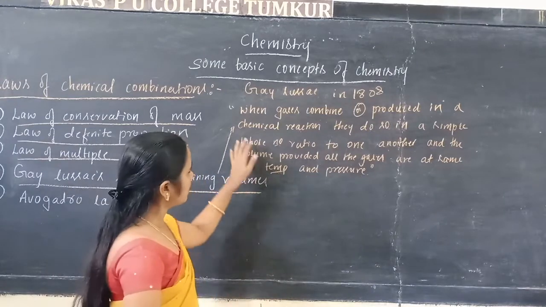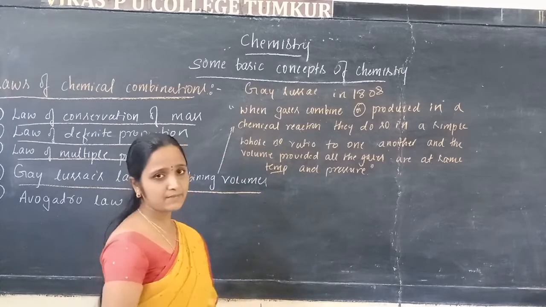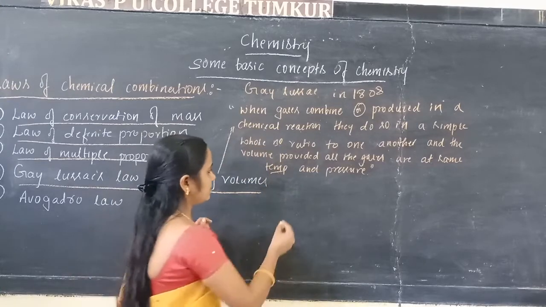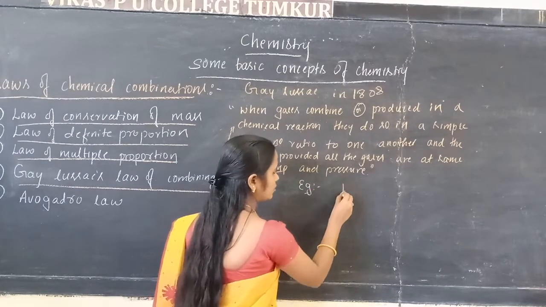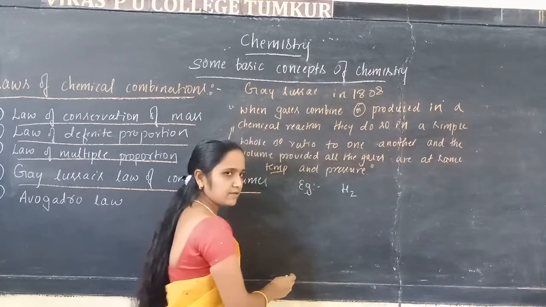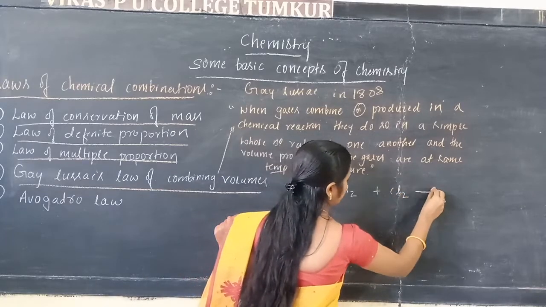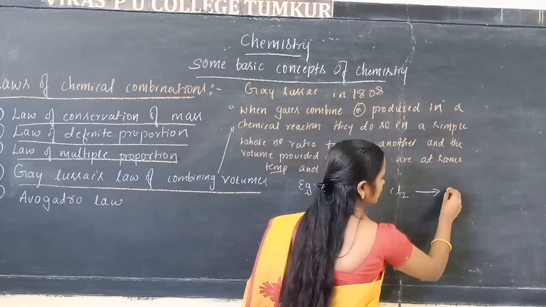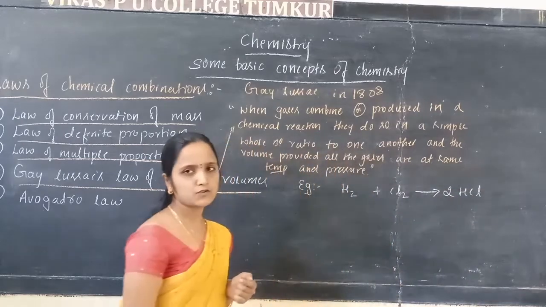We'll take some examples. Suppose hydrogen combines with chlorine to form 2HCl, hydrogen chloride.